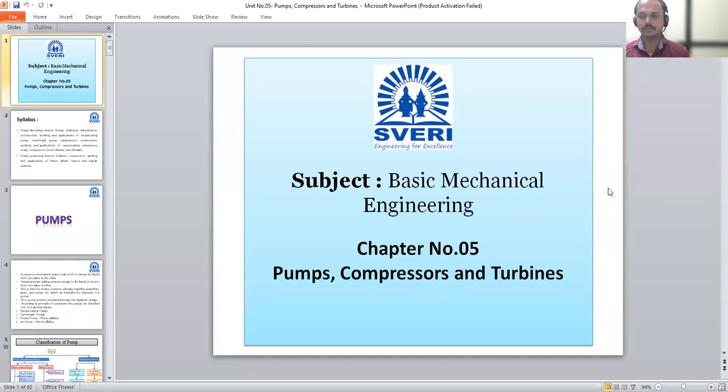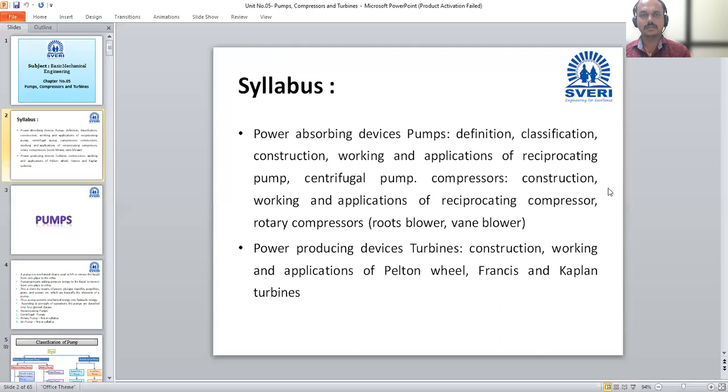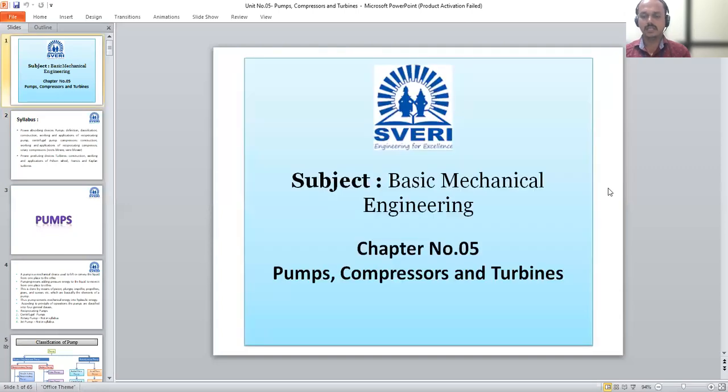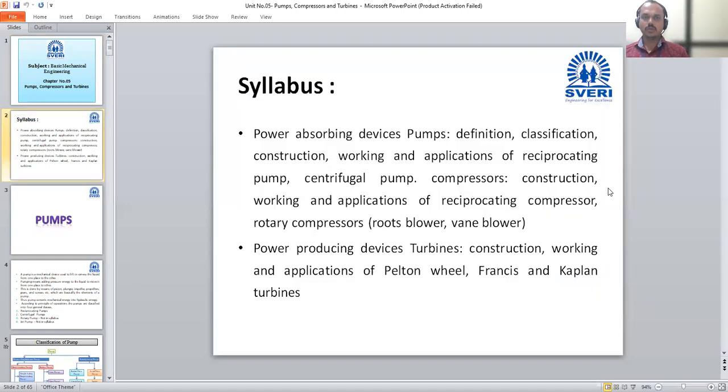So in your notebook you can write the name of this chapter: pumps, compressors, and the turbine. As we have discussed previously, in this chapter we have to see how some devices work.